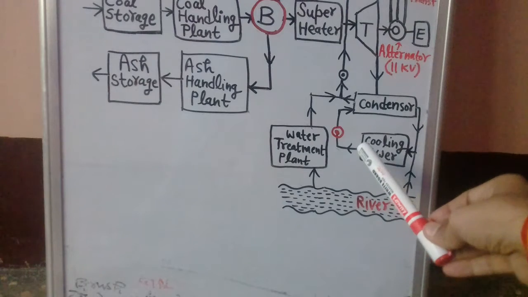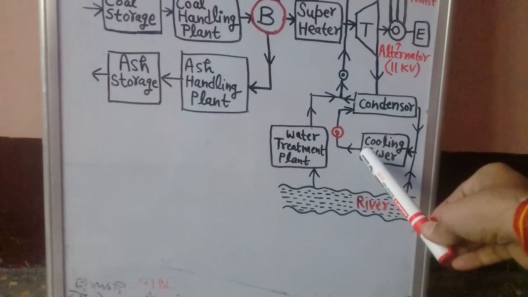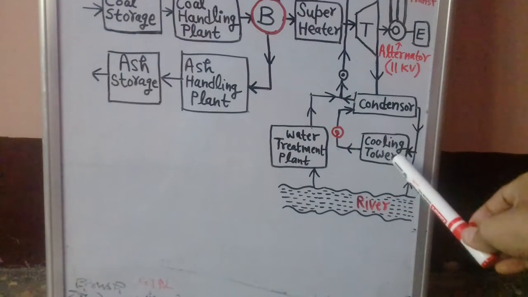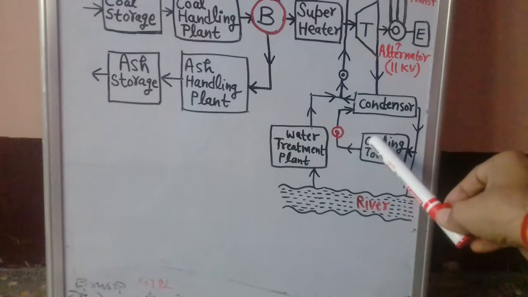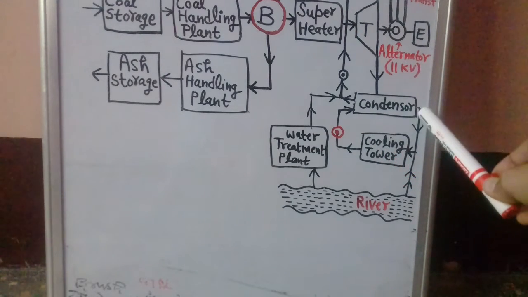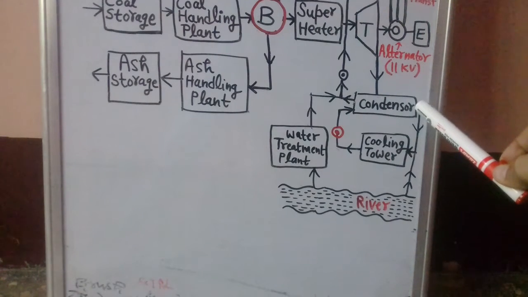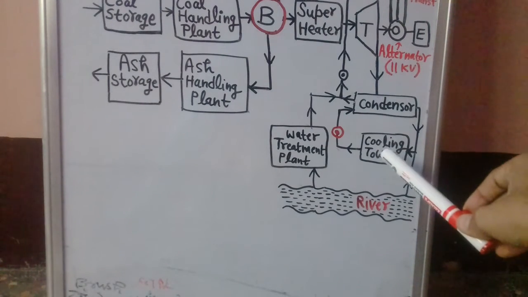Now suppose there is some steam that is still remaining, that is still not converted into water, then again we will feed this unconverted steam into the condenser. Then the condenser will again condense this steam, that means again it will cool the steam, and again feed it to the cooling tower.